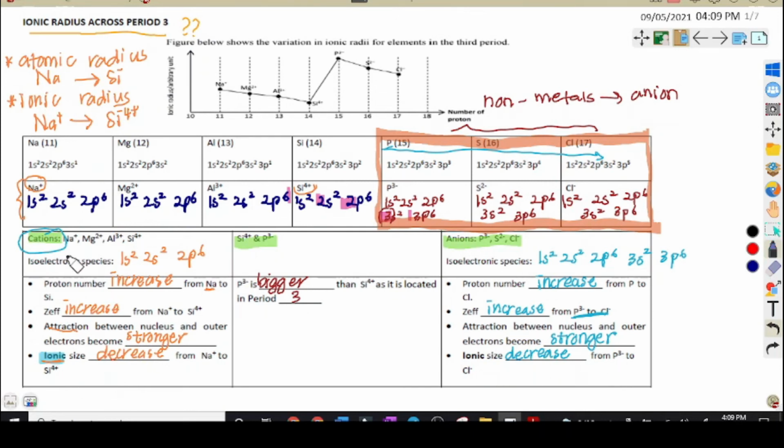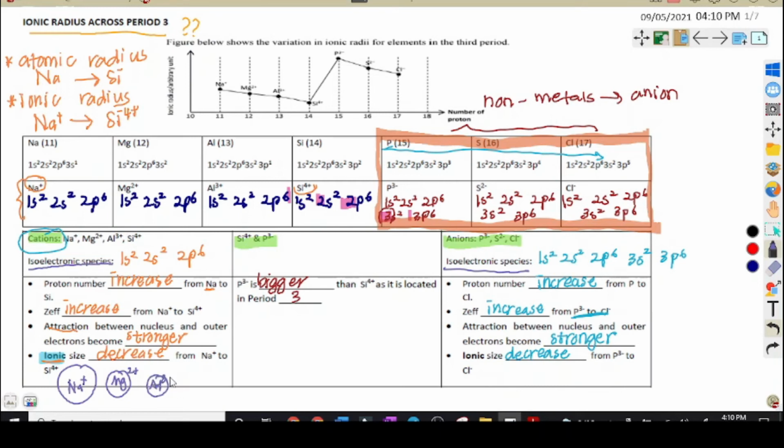So we're going to say that for cations and anions, they both have the same explanation except that they are different in their isoelectronic species. So if you are asked to draw the ionic size for the cations, the sodium ion will be the largest one, followed by magnesium in a smaller size.